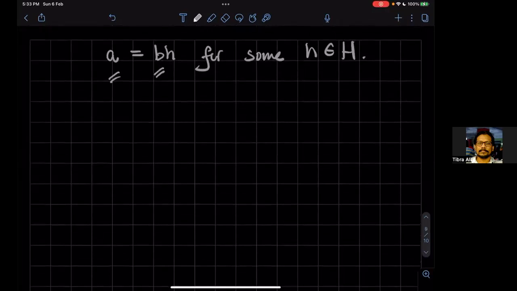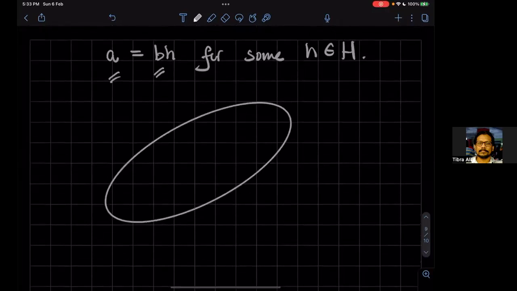So there's a lot of silence. I think some pictures will help. Suppose this is our group, and this is the subgroup H. Suppose that we have some B here, and some A here.